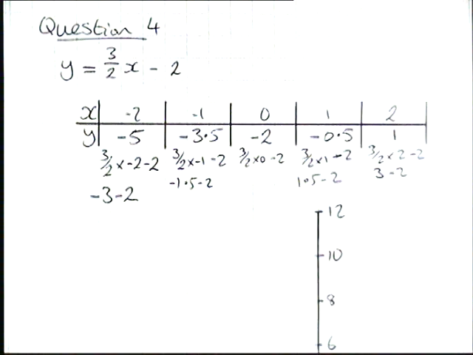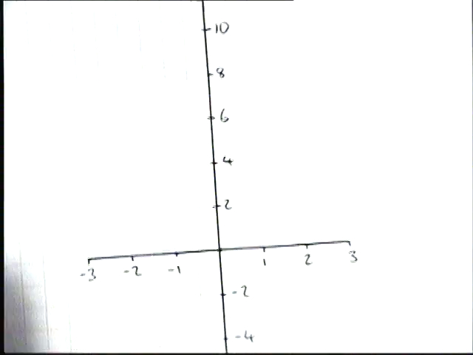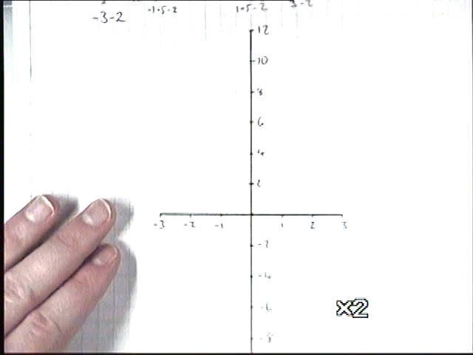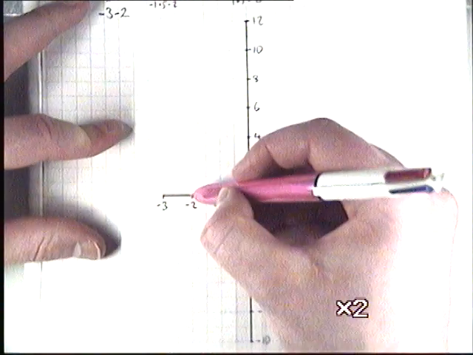So we can then substitute those coordinates in. So we've got minus 2, minus 5.